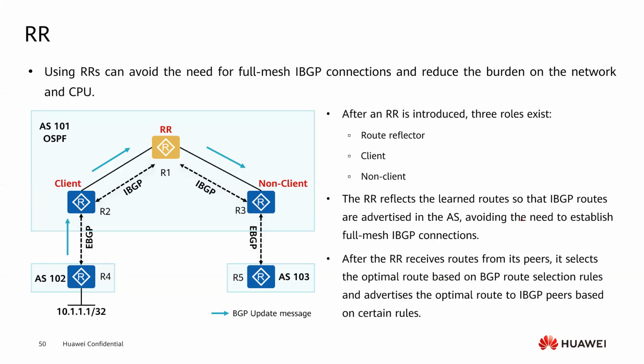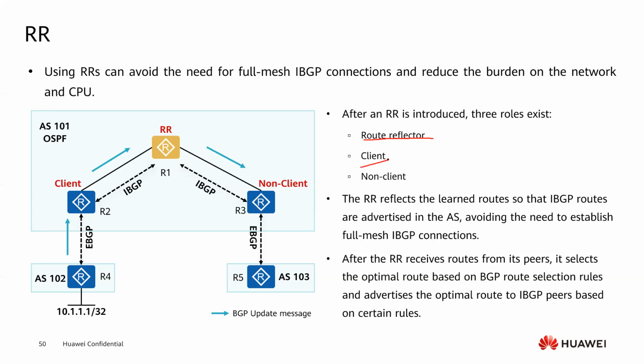First, you need to select some routers as the route reflector. The route reflector is the device that will reflect the route learned from an IBGP peer to other IBGP peers. And an RR is just similar to the designated router, the DR of OSPF.